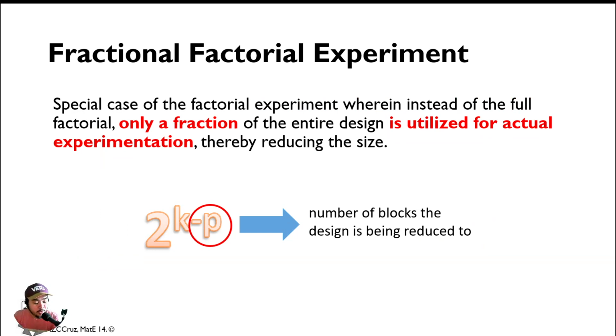So for example, if you have 2 to the 5 minus 2, kunwari, 2 to the 5 minus 2 means that you have 5 factors, pero you are reducing it by 2 to the 2. Okay? So 2 to the 2 is 4. So magiging i-reduce nyo siya by 4 blocks. Okay? So, or i-reduce nyo siya into 1/4 of the original size of the design.